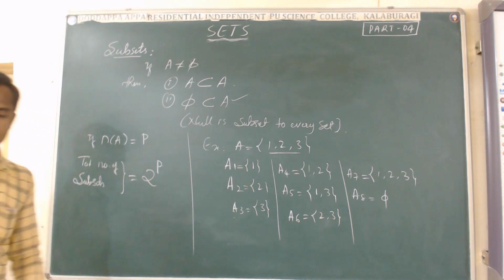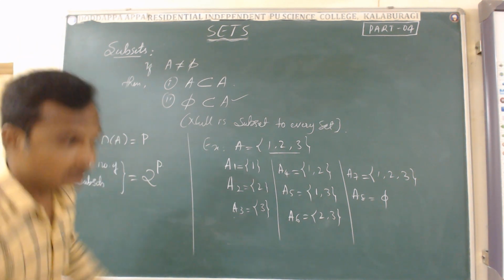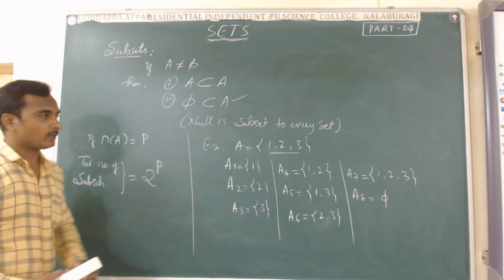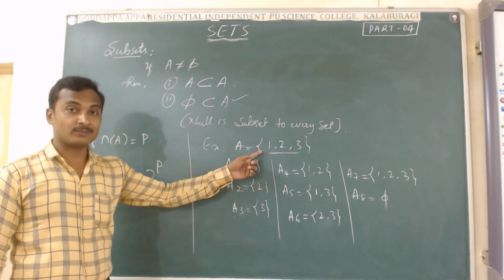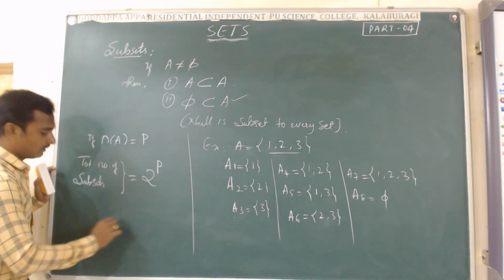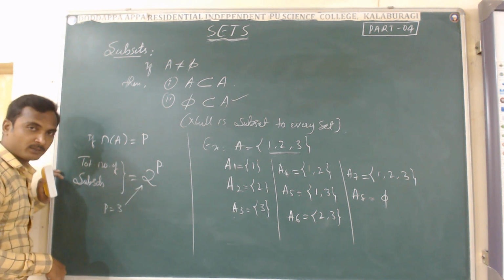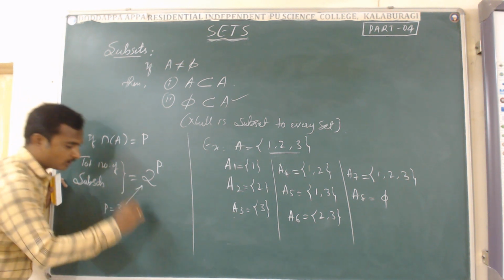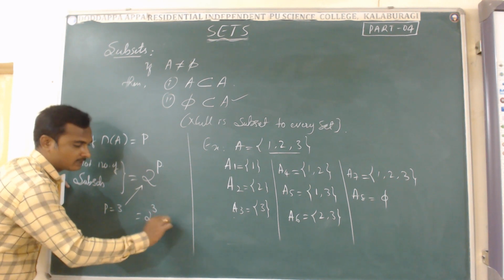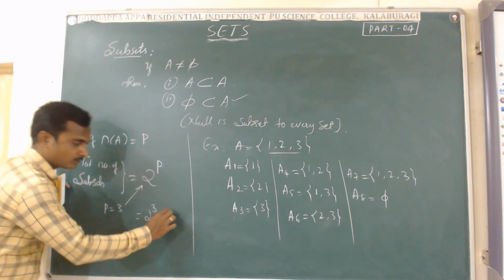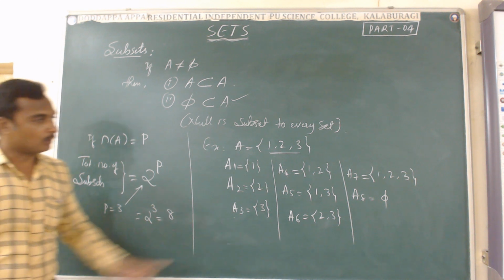Let us see some examples. Let us observe this one. What is the total number of elements? 3. There are 3 elements. It means P equals 3. If you put P equals 3 in this formula, what are you going to get? You can observe 2 to the power 3. What is 2 to the power 3? 8. You can count. There are totally 8 subsets.